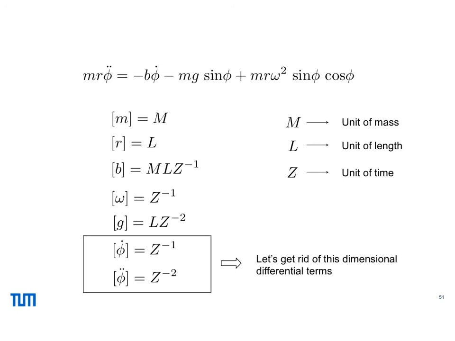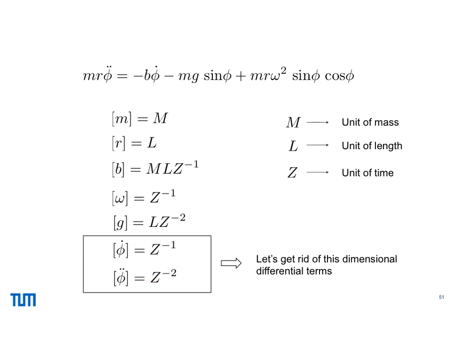Right now, what is important is to see that these terms, as they are right now, are actually dimensional. This has the time unit in the denominator, and this has the time unit in the denominator elevated to the second power.